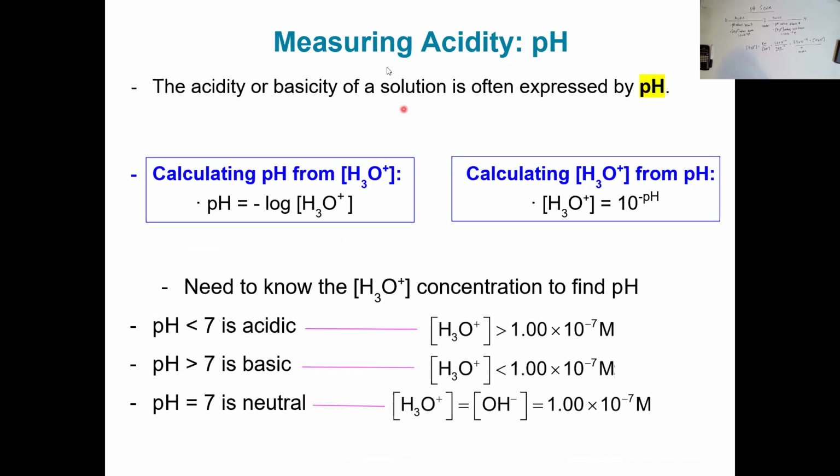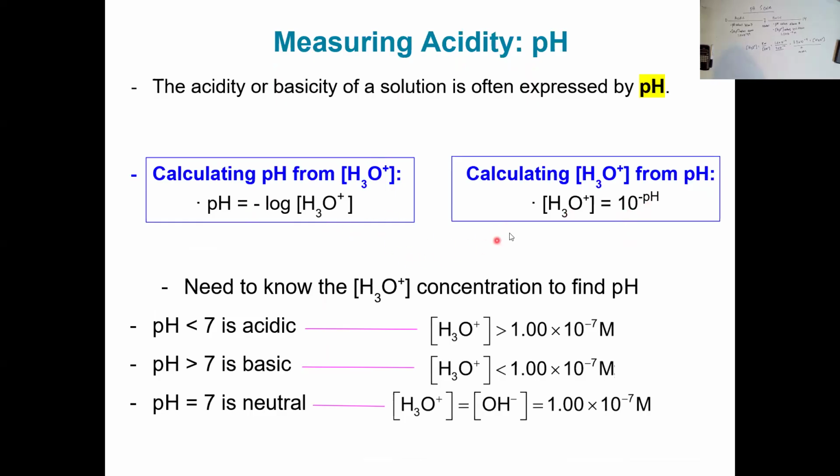Now we want to be able to measure our pH. We want to measure the acidity. And so there is a formula that is going to allow us to find the pH as long as we know our H3O plus concentration. Or if we know our pH, we can find our H3O plus concentration from the pH.